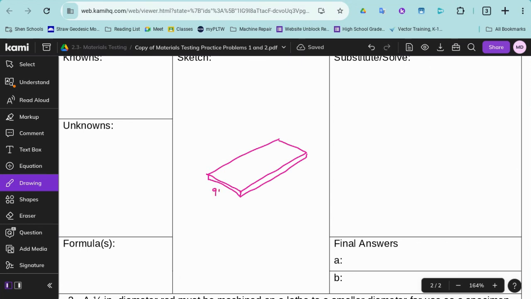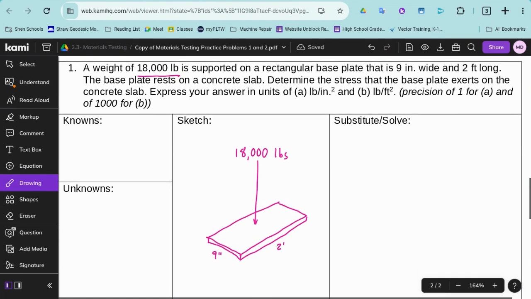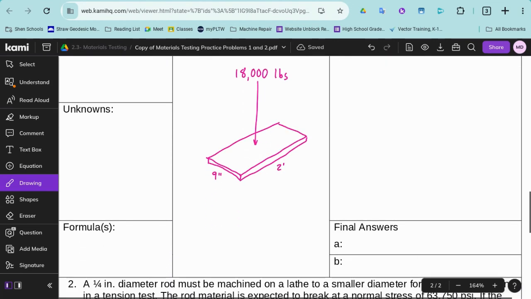So we want to dimension any distances that are known. So we have 9 inches and 2 feet. We have our applied force of 18,000 pounds acting downward on this plate. And we are interested in the stress.